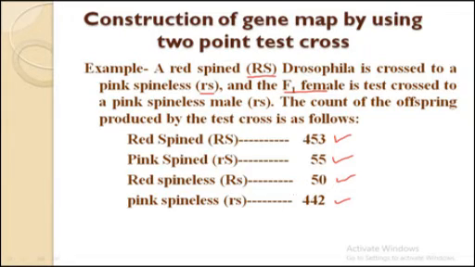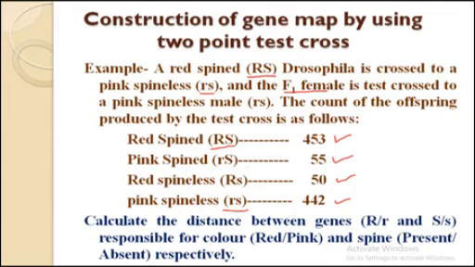From this genotype we can know who are the parental types and who are the recombinant types. Now what do we have to calculate here? Our example says calculate the distance between genes, that is capital R small r and capital S small s, responsible for color, that is red, pink, and spine present or absent respectively.